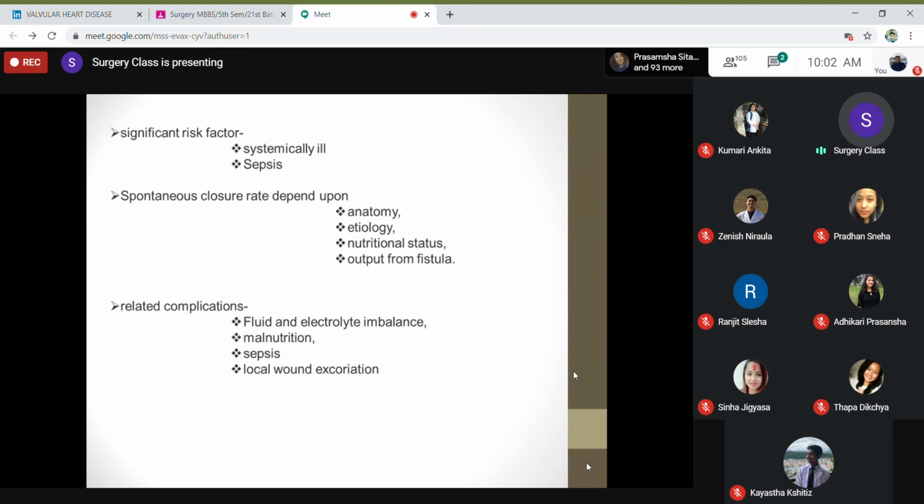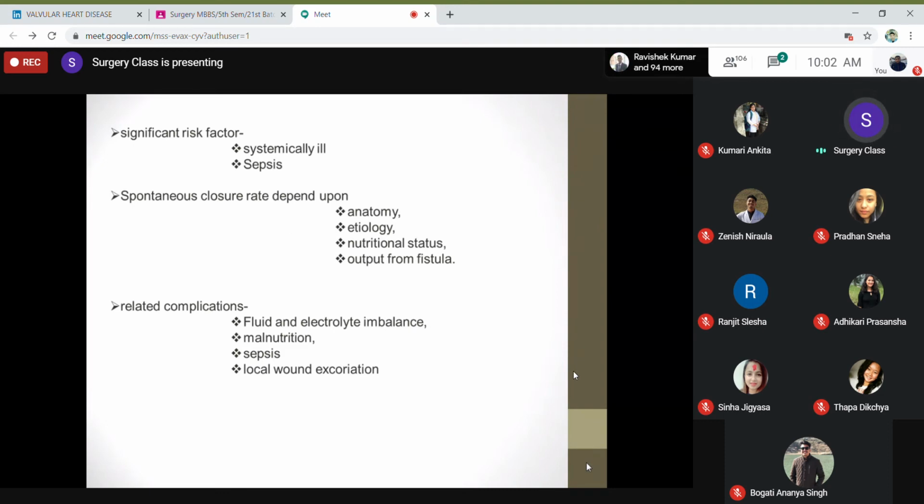The risk factors are that the patient is ill, having some chronic disease, or is in a state of sepsis because of perforation causing peritonitis. So when you operate, the patient is already in sepsis. In those patients, there is more chance of enterocutaneous fistula formation. Spontaneous closure of the fistula can occur depending on the anatomy and etiology.